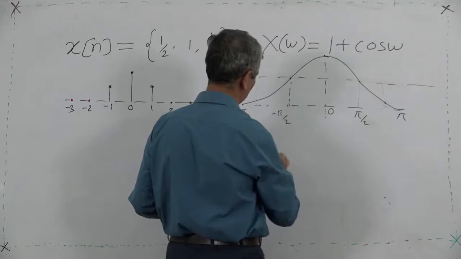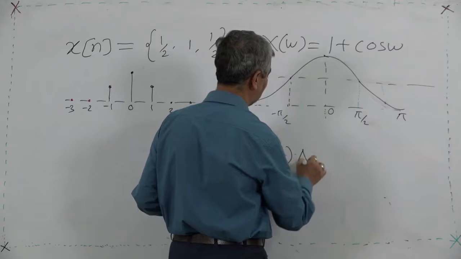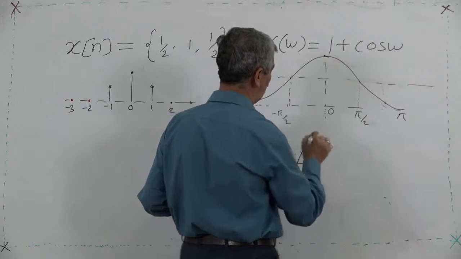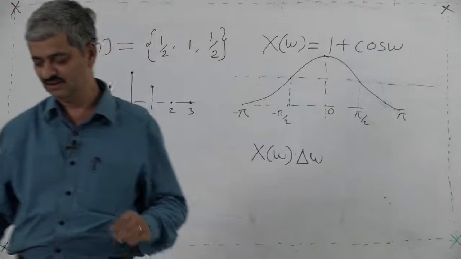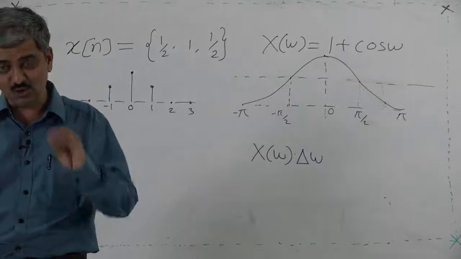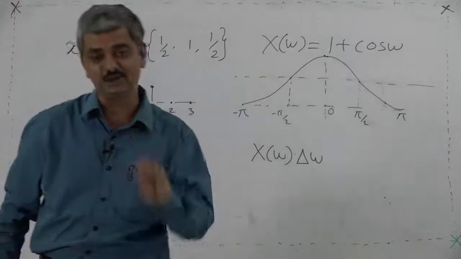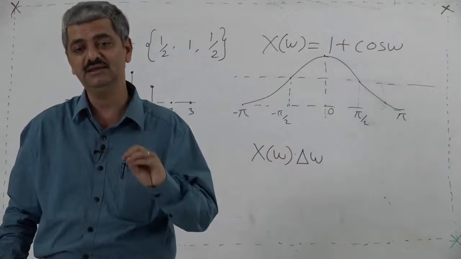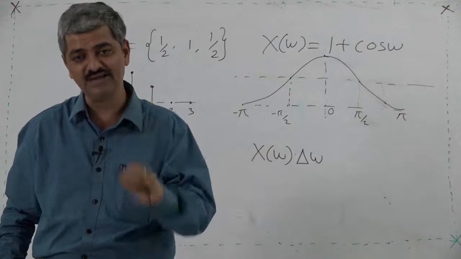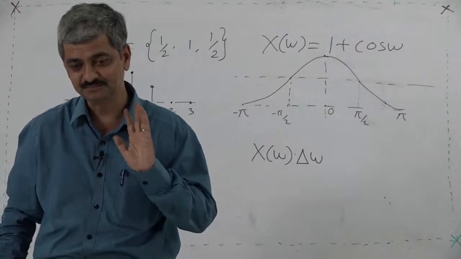X(omega). I multiply by an infinitesimally small value delta omega. What that delta omega is, we will come to that. So, X(omega) delta omega is the amplitude of the rotating point at omega.